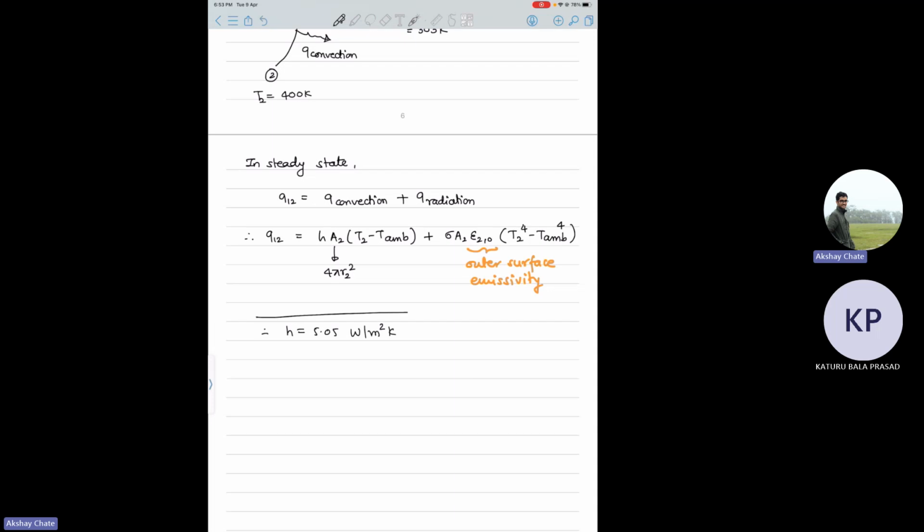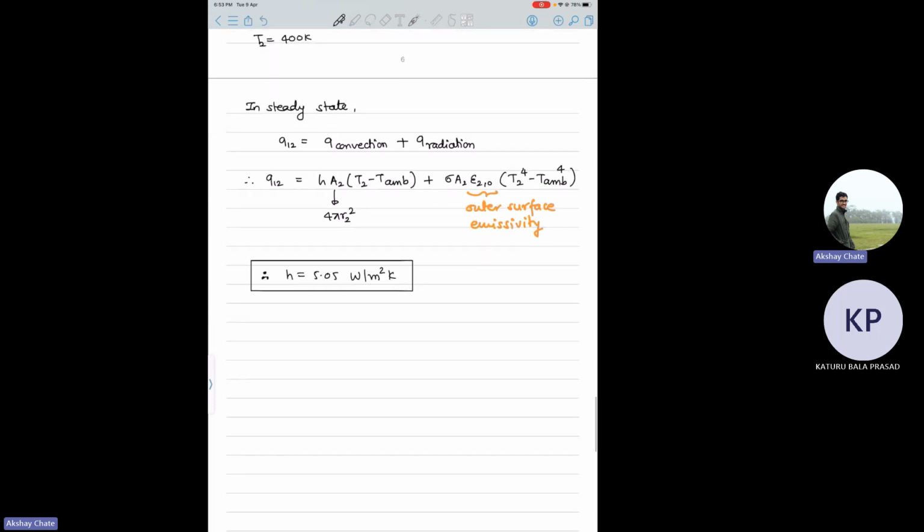Since this H value is very small, you can infer that this is a case of natural convection, because in forced convection the H value will be of the order of 100 or more. But since it's only 5, most likely it's natural convection from the hot spherical surface to the cold ambient. I'm not doing the calculation, so I request you to cross check it and let me know if I have made some mistake.